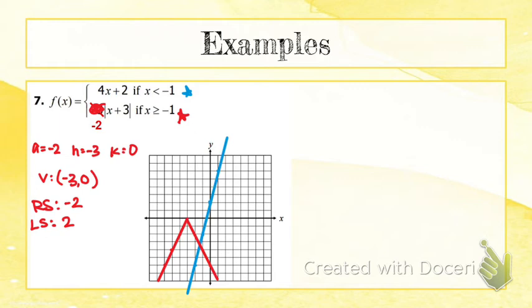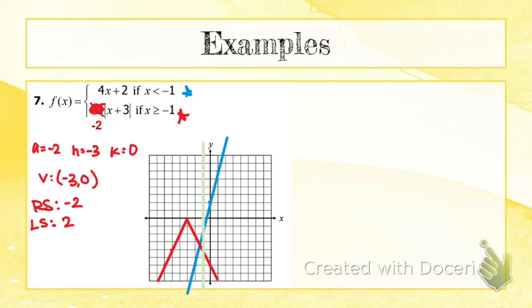So we're going to go in and put our guideline back in. We're going to move it to the point -1. And then we are going to erase the parts of this graph that don't belong. So the blue graph only applies if x is less than -1.